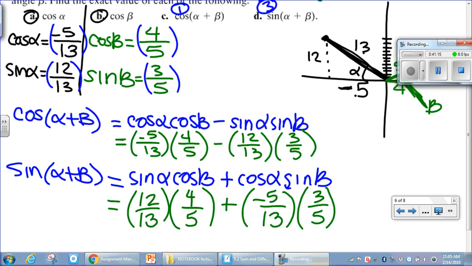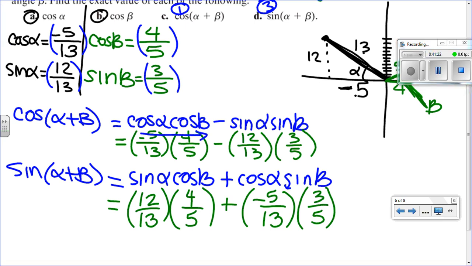So after doing the substitutions, I'm going to multiply fractions. Here I'm going to get negative 20 over 65. Here I would get negative 36 over 65. So that should be equal to negative 76 over, no, I'm sorry, 56, right? Negative 56 over 65.